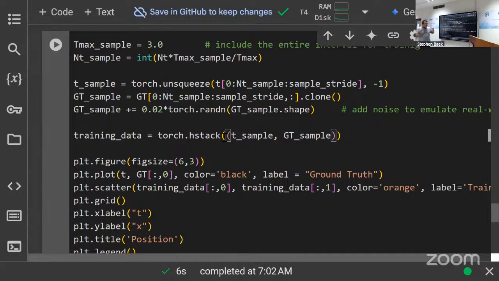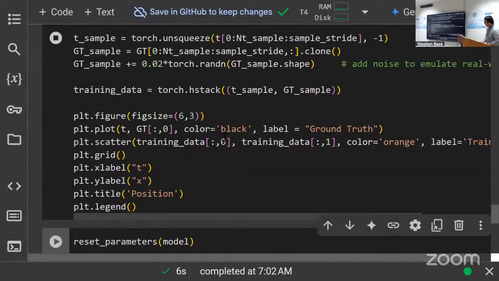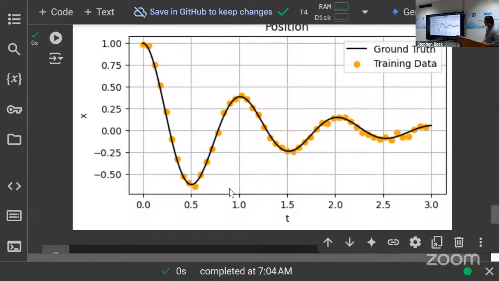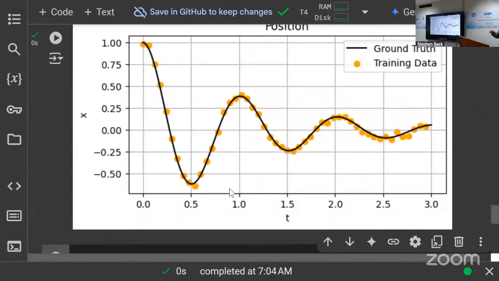Now, graphically speaking, this is going to be the training data. So now the situation is a little different, right? In the previous example, we had only a few samples at the beginning, and then our goal is to predict what's going to happen in the future.